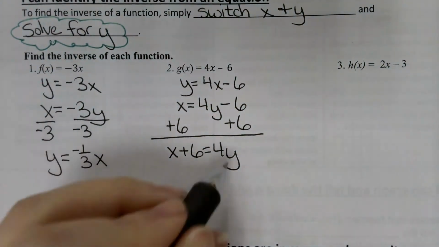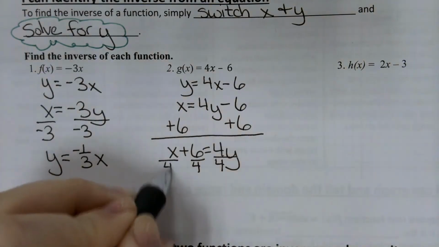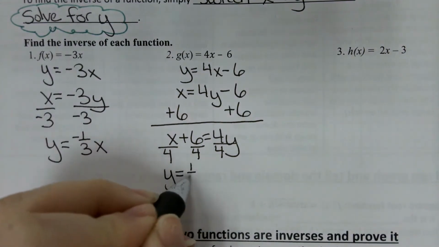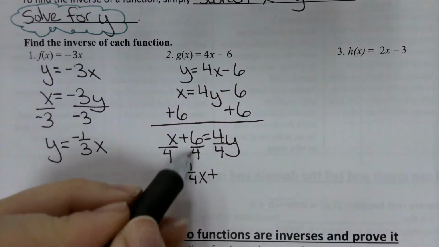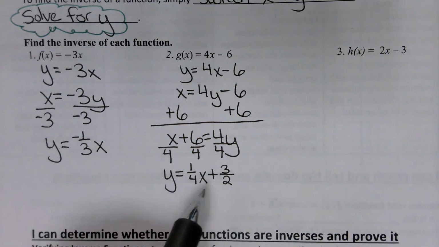And then we'll need to divide by 4 on both sides. So we'll get y equals 1/4 x plus, and this can reduce to be 3 halves. I would prefer for you to write it as 2 separate fractions so that it's in slope-intercept form.